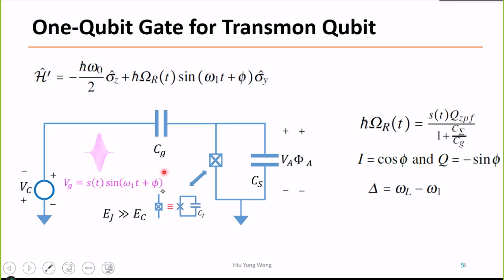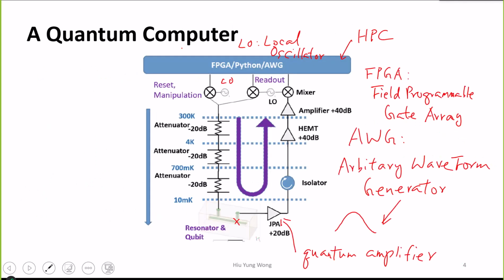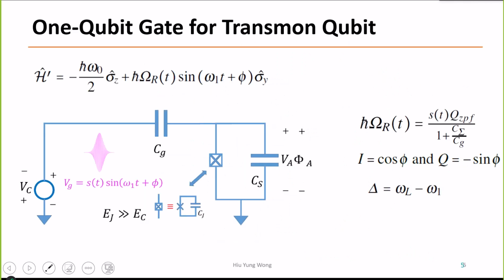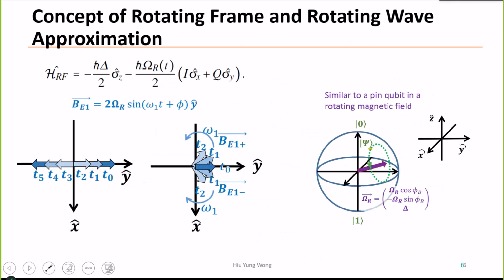Phi is the phase, remember, the phase of the pulse we send out from here. And this I and Q eventually, if we work in the rotating frame and rotating wave approximation, will determine how it rotates about the x and about the y axis.